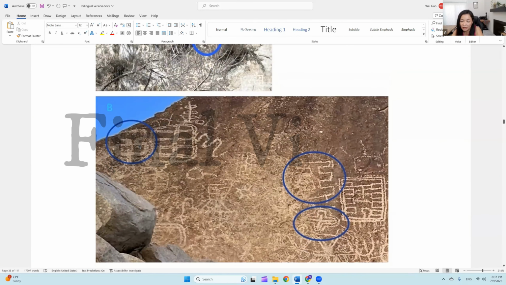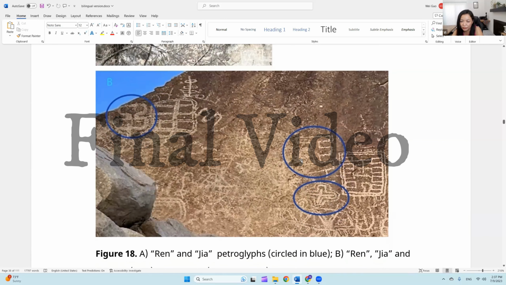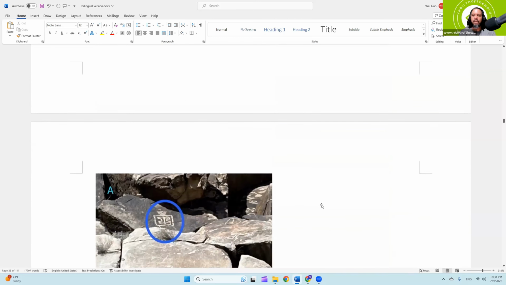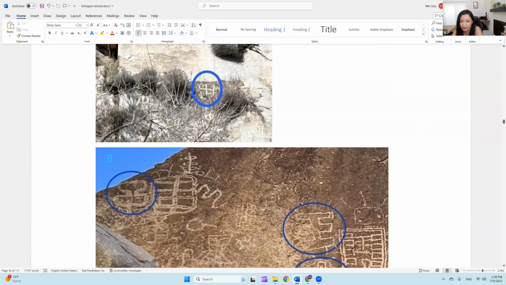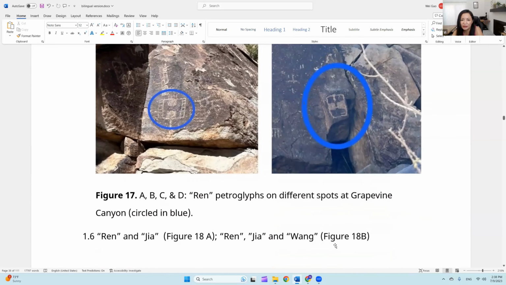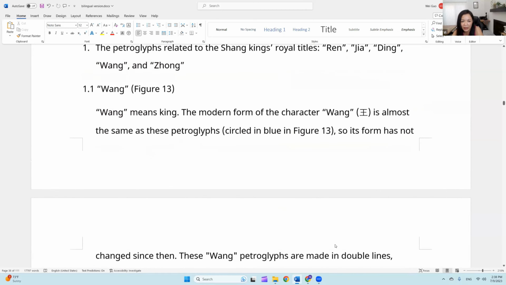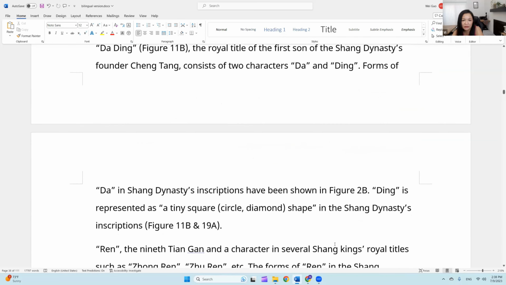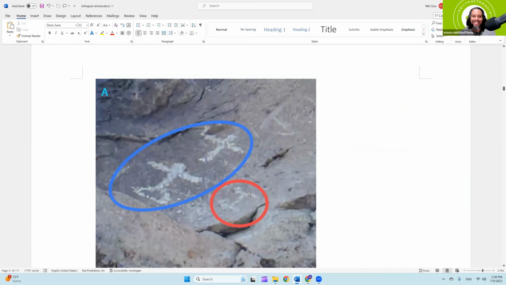Anyway, here Ren is also on top with Jia at the bottom. With the character king, we can verify these are two king's titles. So again and again we see Ren and Jia together, and also at the canyon in Nevada, like we mentioned, 大甲 and Ren put together, right?